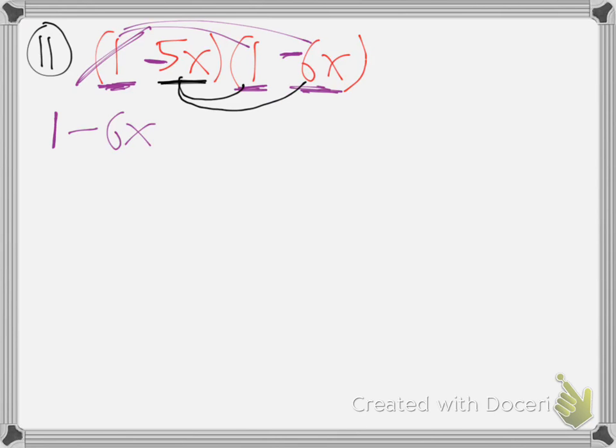So minus 5x times 1 is minus 5x. And minus 5x times minus 6x. Two negatives multiplied to be 30. Is it x? Squared.